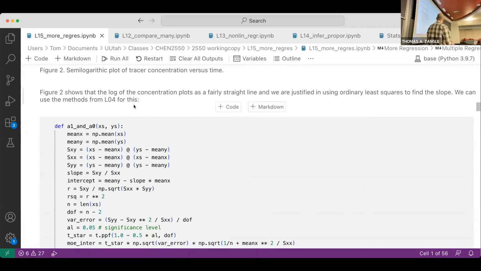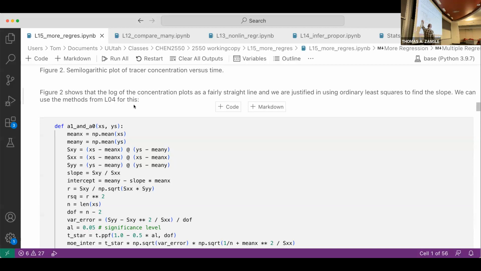So now we can just use the methods from lecture 4 for this. We looked at a couple of different methods, for example, using the OLS package, which we'll be using quite a bit later in this lecture. But we also had a set of equations, which we saw on a previous quiz as well, that allow us to take the data and compute the intercept and slope by computing these intermediate variables SXY, SXX, SYY.